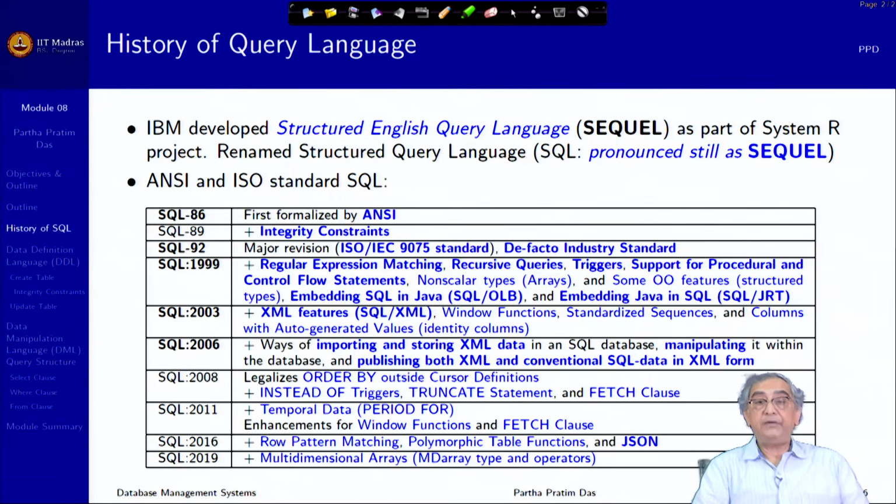2003 standard also added a very significant feature of XML. We talked about XML being a standard format for information interchange. So, that was added in 2003, and in 2006 a full functionality of XML including importing, storing, manipulating, exporting, publishing, all these were added.